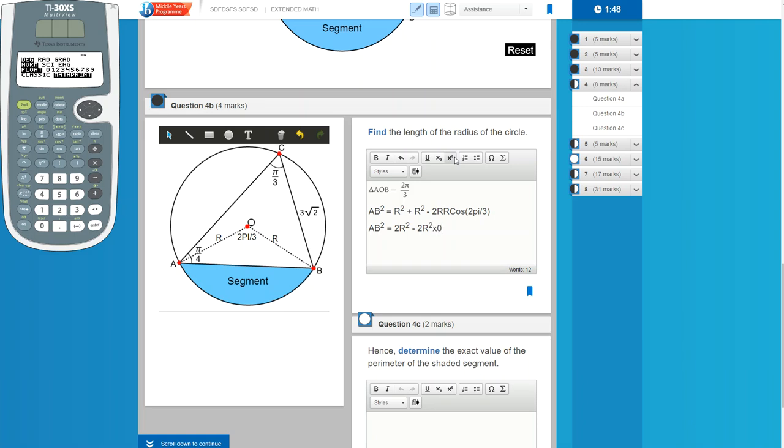Multiply by 0.9... 9, 3, 3, 1, 974. Okay, so now we're down to this point.